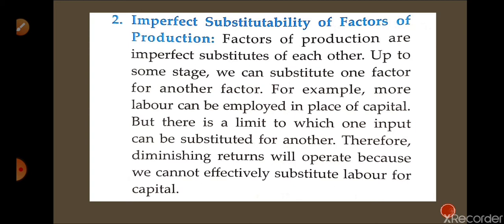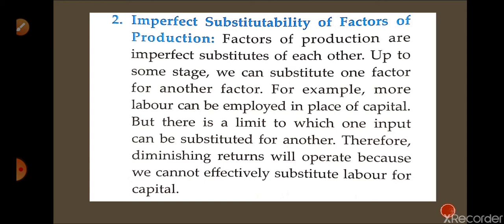Or one more thing may be there, that we are having a fixed factor, the capital factor, with that particular ratio, but the proportion we are changing, in place of capital we are increasing the variable factor, means laborers we are increasing. So what will happen, that the substitute may not be perfect.